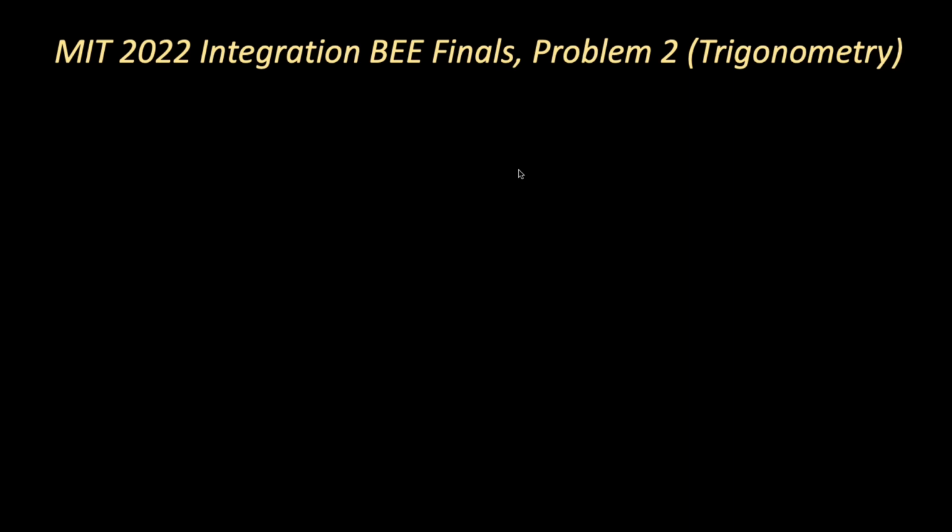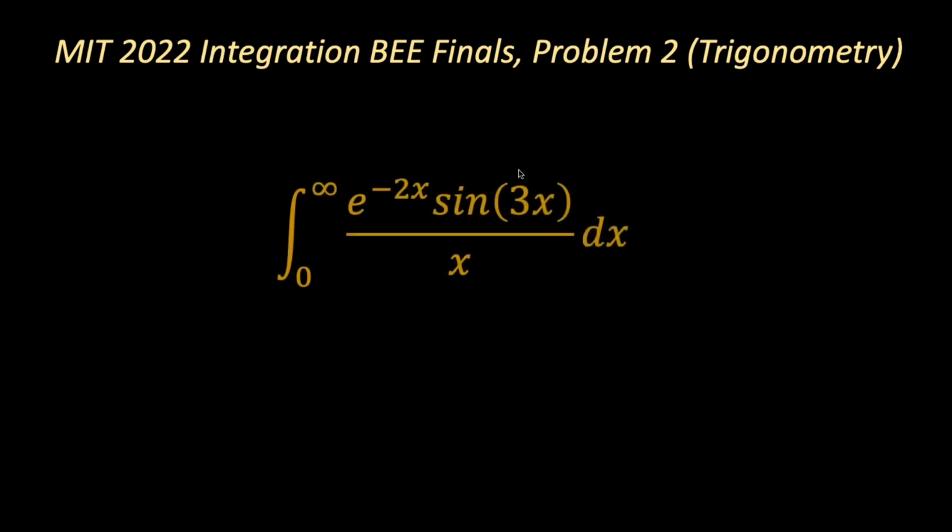We step back to 2022 and go to the MIT Integration Bee finals in that year. We pick out problem number 2 because it's very interesting. It's the integration of e to the power negative x times sine 3x over x, integrating from 0 to infinity. This is a very interesting problem. I hope you stick around and see how we're going to solve it.